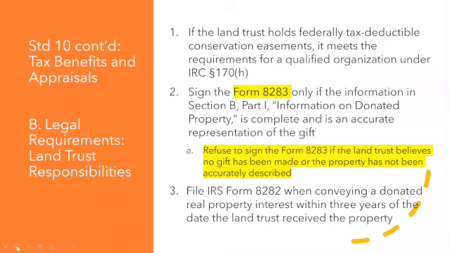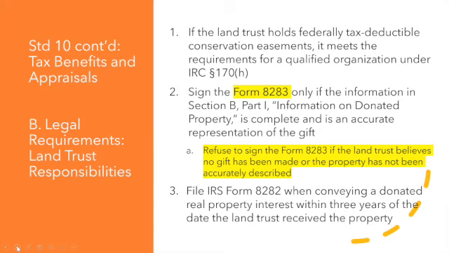The remainder of Standard 10 is about the responsibilities of the land trust after providing this initial written communication to the landowner before the transaction closes: to review the 8283 after the project closes in tandem with the appraisal, to determine that the required contents are in there, each of the form and the appraisal, and that they match.